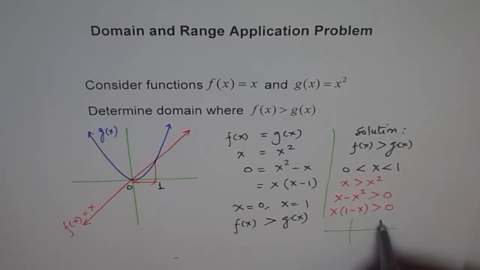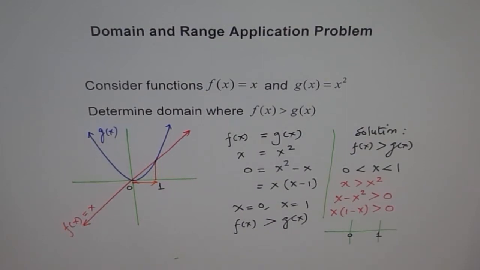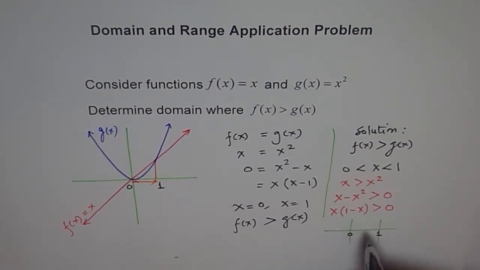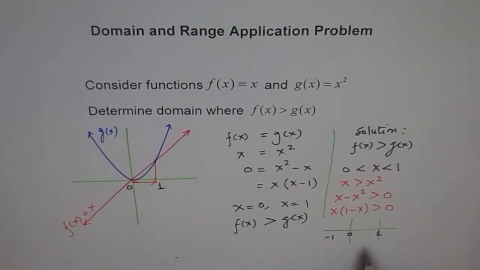So we have zeros here at x equals 0 and x equals 1. So at x equals 0, we have 0 here, and at 1 we have 0 here. So you can take a test point on either side. Let's say the test point is -1, and between them, let's say the test point is 0.5, and after that let it be 2, right?